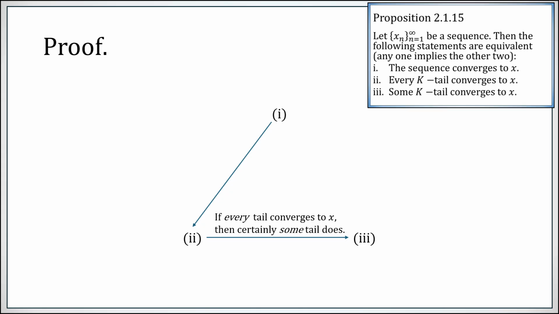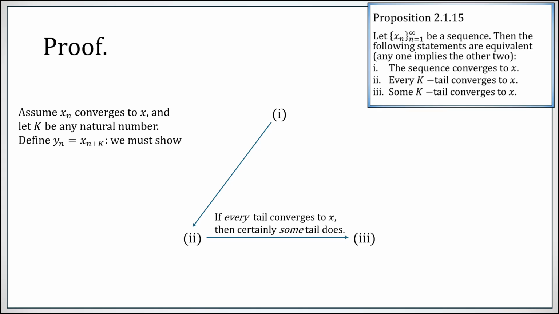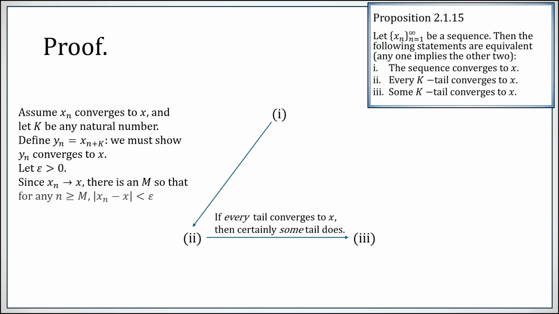1 implies 2 is also pretty straightforward. If the sequence converges to x, then consider any particular k. Define yn to be this version of the k-tail. Add k to every index. We just need to show that the k-tail, the yns, converge to x. So let epsilon be positive. The original sequence converges by assumption. So past a certain point, xn minus x is less than epsilon.